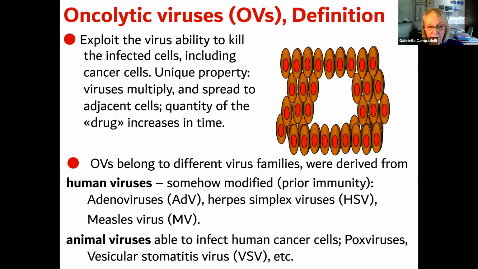The main human viruses that have been converted to oncolytic viruses are adenoviruses, herpes simplex viruses, measles virus, and reoviruses. And then in order to overcome the problem of the prior immunity, animal viruses capable of infecting human cancer cells have been introduced as oncolytic viruses.